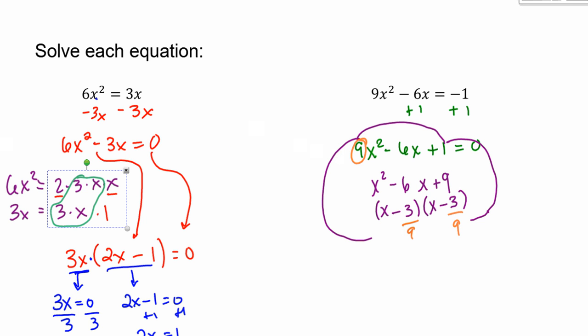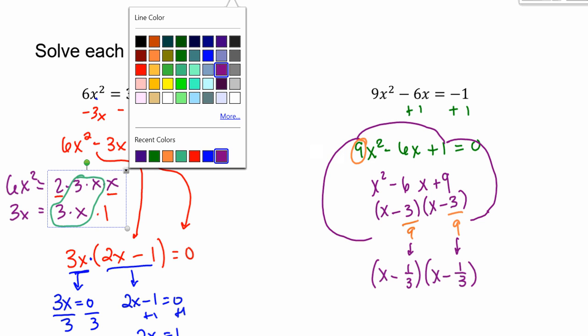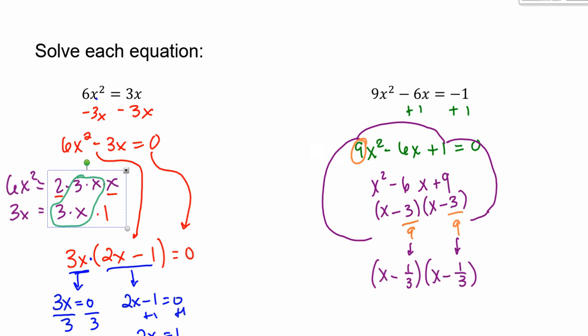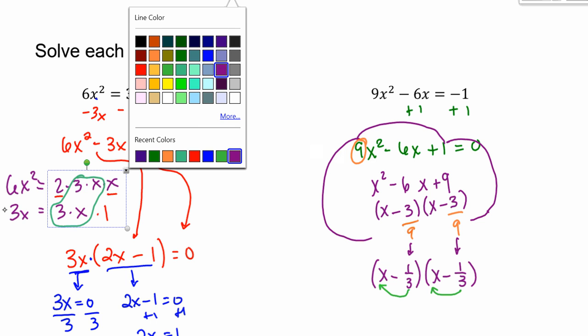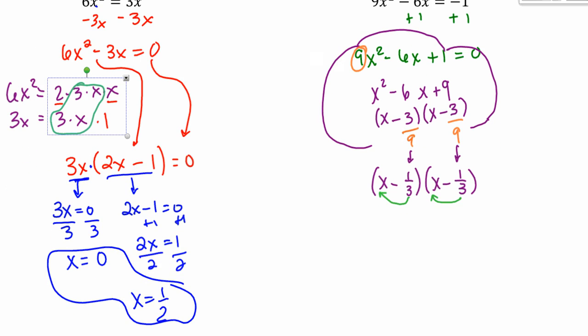Okay, so this reduced is 1/3. I've got x minus 1/3, same thing. We don't leave the fractions though, so we're going to take the denominators and they go back out front. And so our factors are 3x minus 1 and 3x minus 1. Now remember, that was initially equal to 0, right?